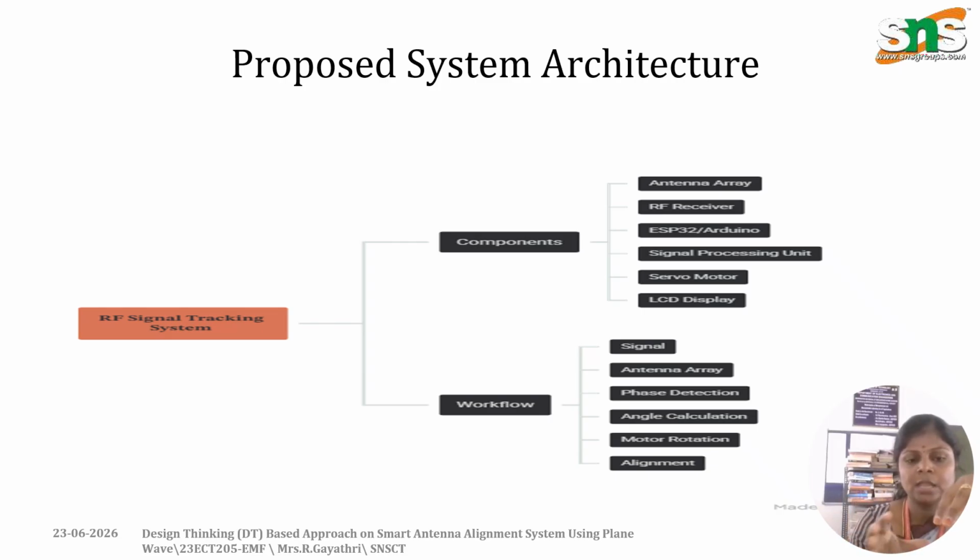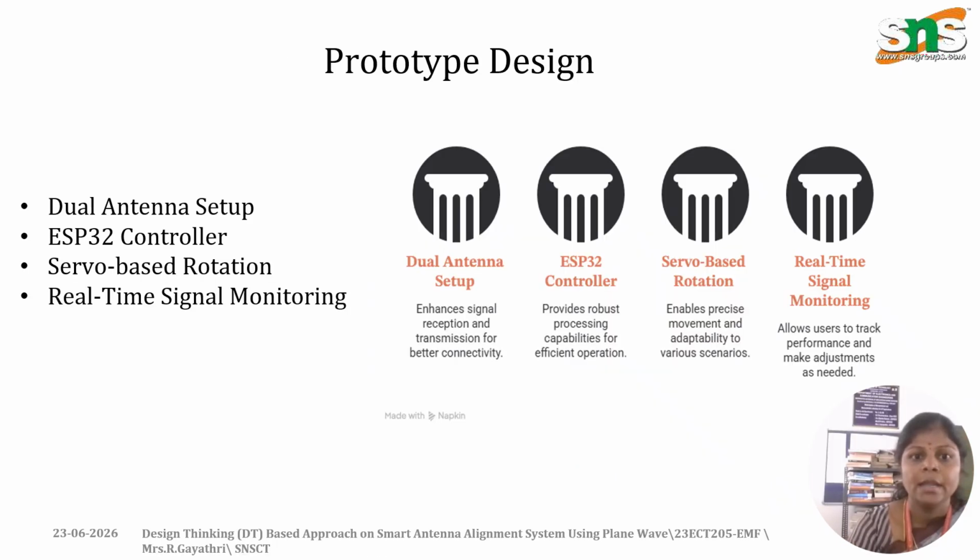The array has one or more antenna elements, and we use phase detection, the angle calculation is done using a formula, and the motor rotation and alignment are noted down.